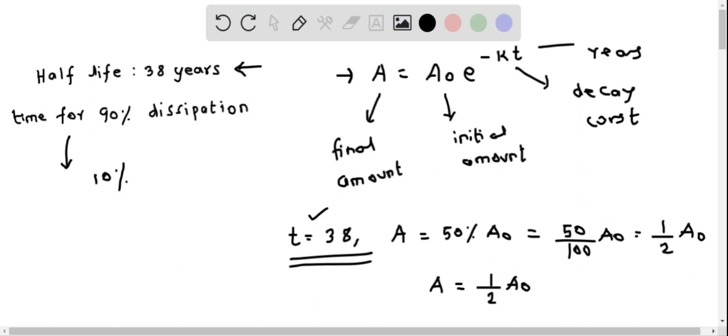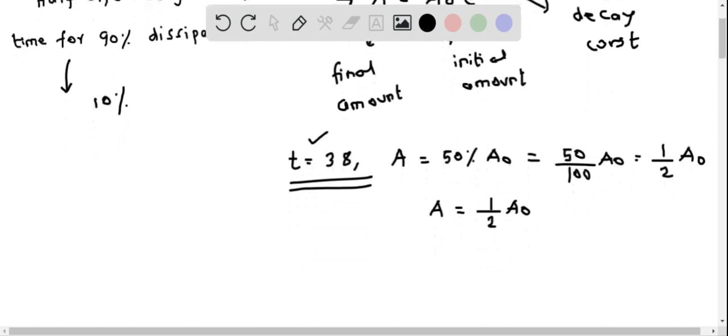We use this equation, A equals half of A naught, as well as t equals 38, and plug this into the decay model. So the model is A equals A naught e raised to the power of negative kT.